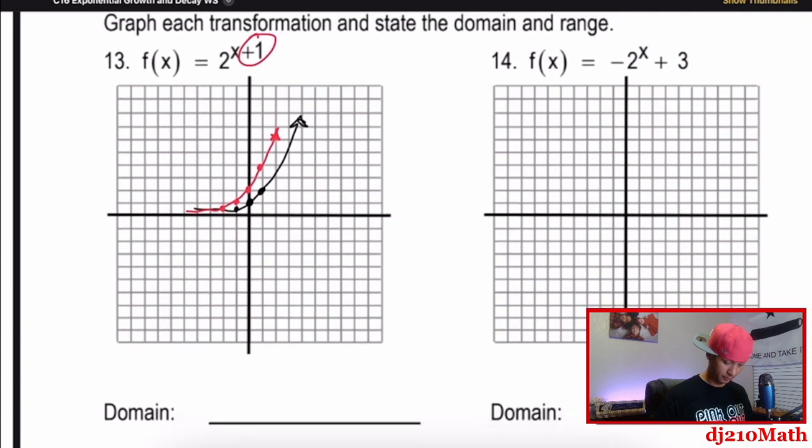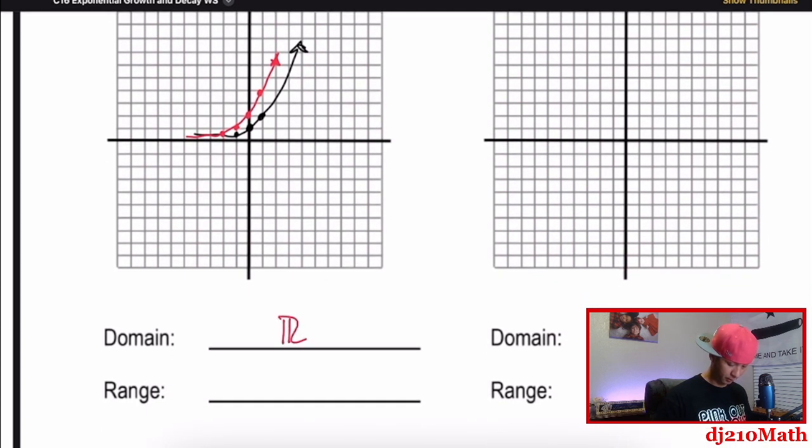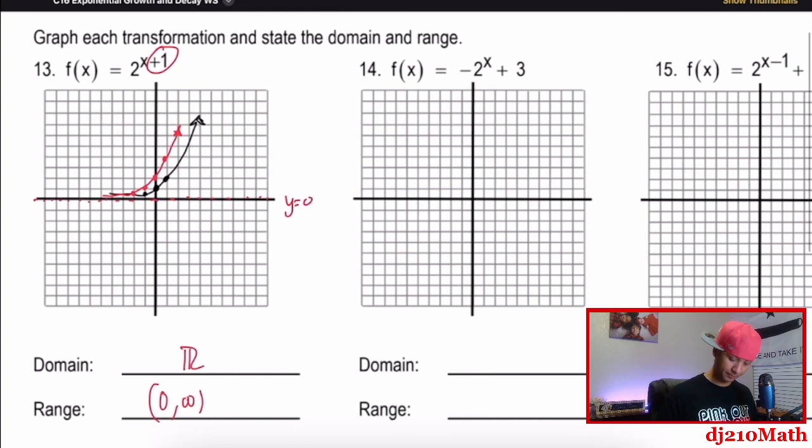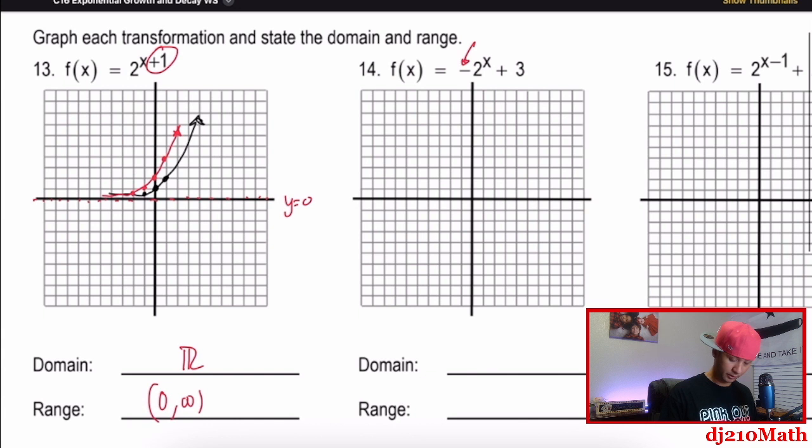Okay, the domain, all real numbers, 0 to infinity. Right, from the horizontal asymptote up. Okay, we got, this is reflected down, or reflected across the horizontal asymptote, and then it's shifted up 3.